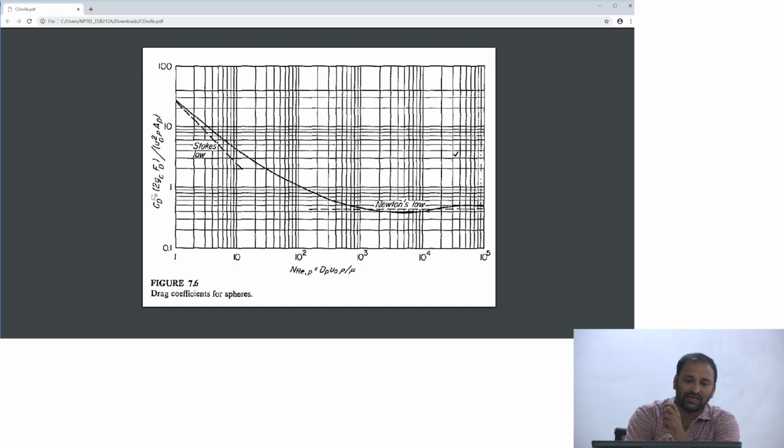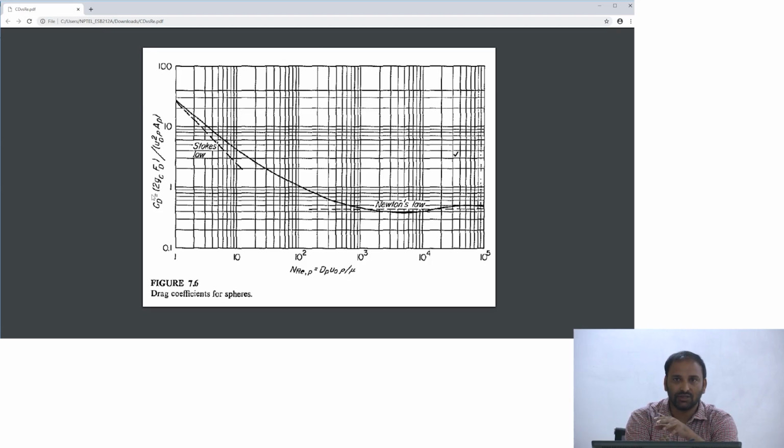That corresponds to the Stokes law regime, which is valid when the Reynolds number is less than 1. So if the motion of the particle in the fluid occurs at Reynolds number less than 1, for CD I can replace this with 24 by Reynolds number.